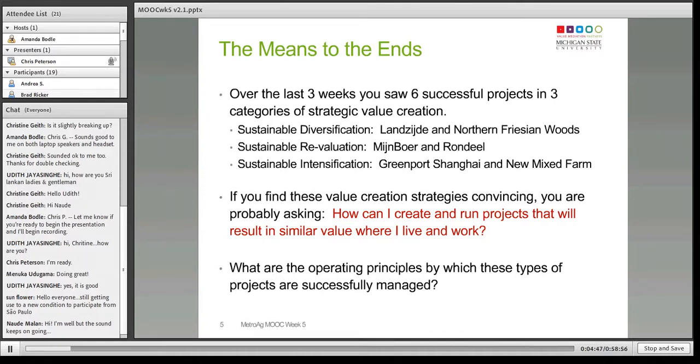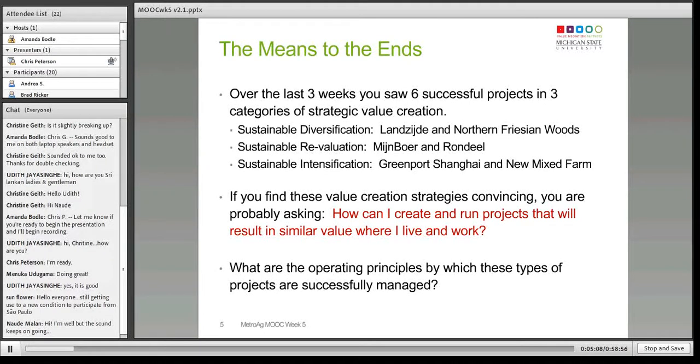And really it comes down to, can we articulate a set of operating principles by which projects that you might engage in should operate in order to successfully manage sustainable development?